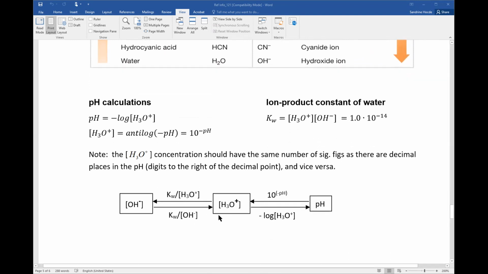And there is a roadmap here showing you how, if you have OH minus and you are looking for H3O plus, you need to take Kw over OH minus, and that will give you H3O plus. And vice versa, if you have H3O plus and you're looking for OH minus, you do Kw over H3O plus and you get OH minus. So that's part of the formulas here.